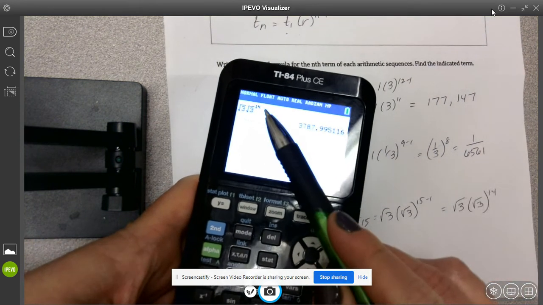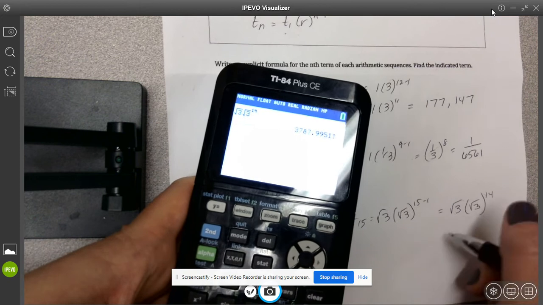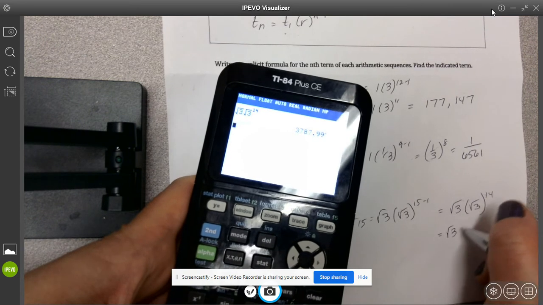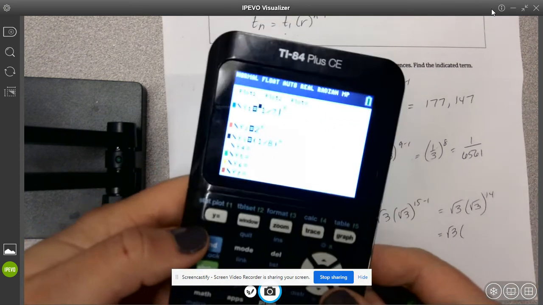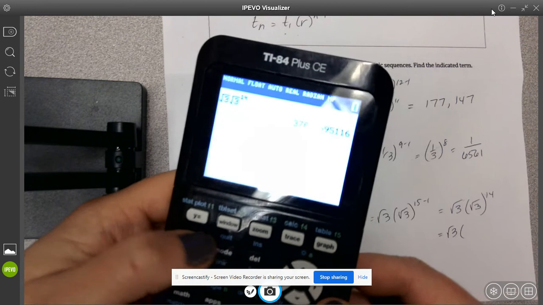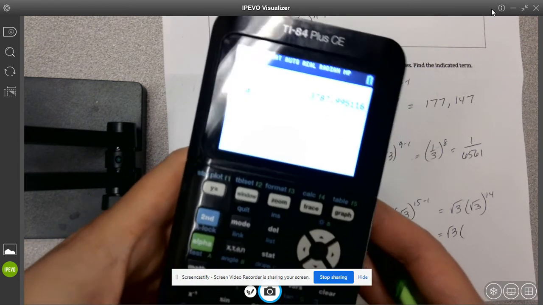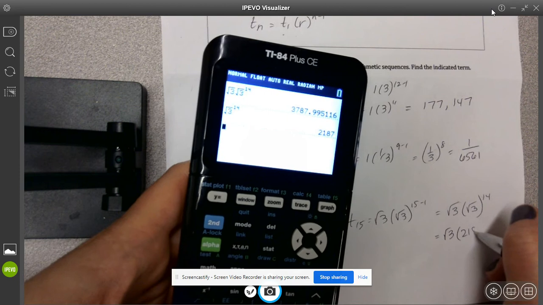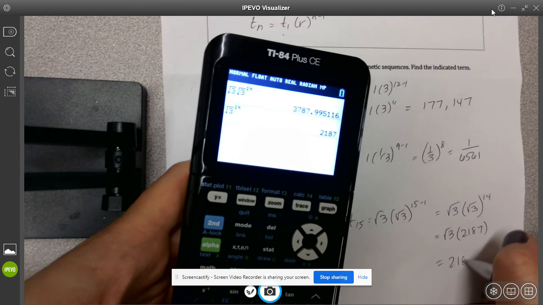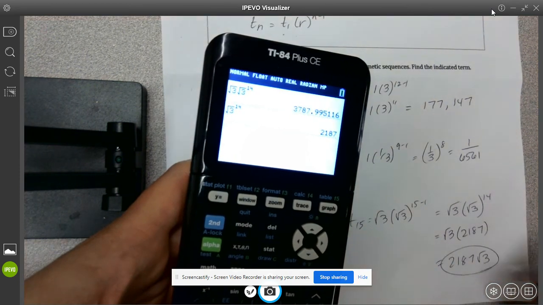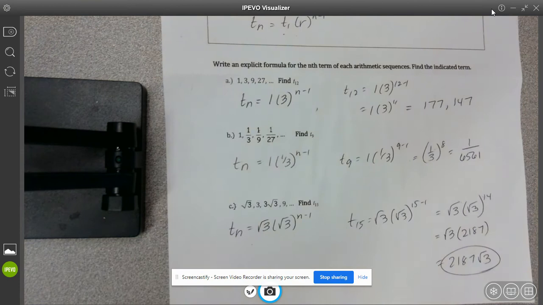When it's to an even power, the square roots disappear because a radical times a radical is a whole number. So square root of 3 times, well, what's square root of 3 to the 14th? 2187. So switch it around. Okay.